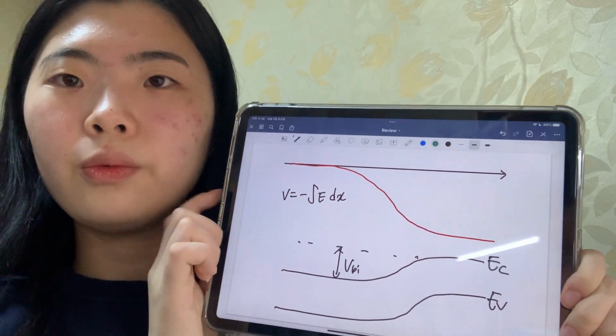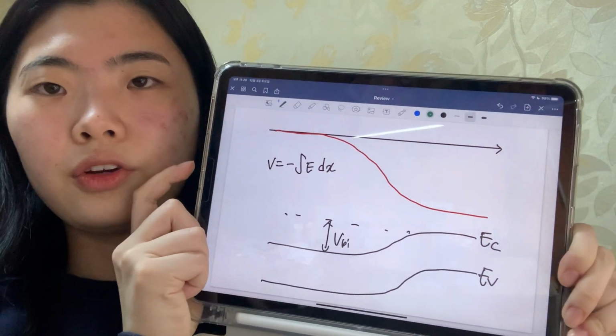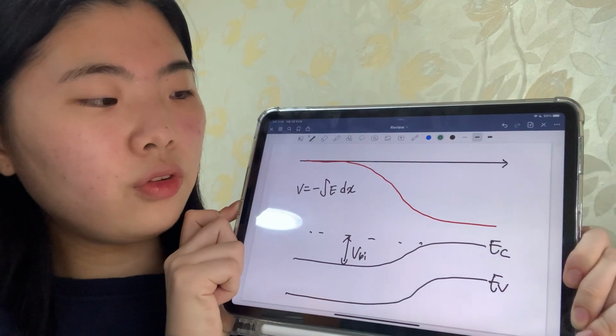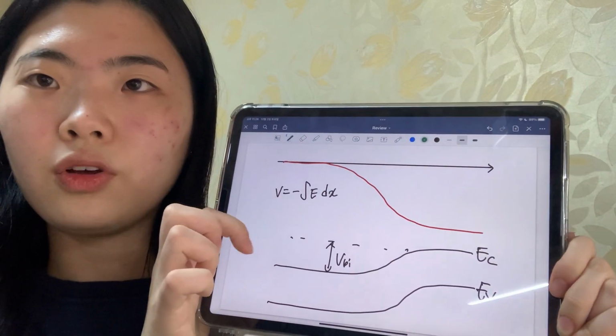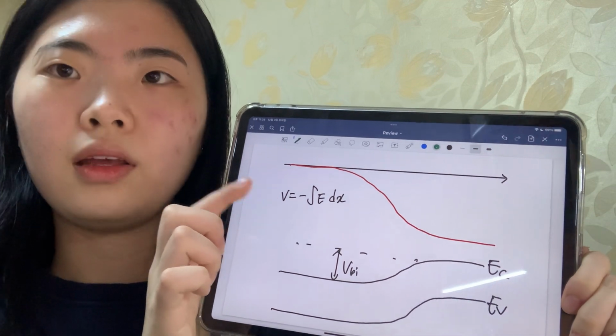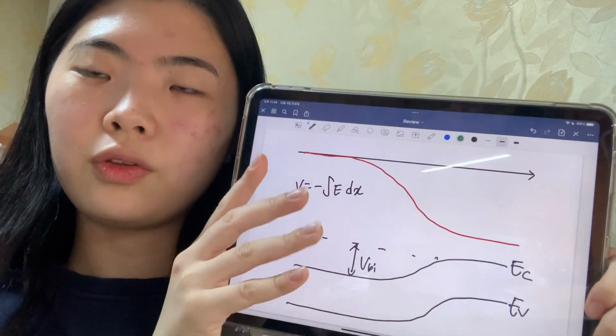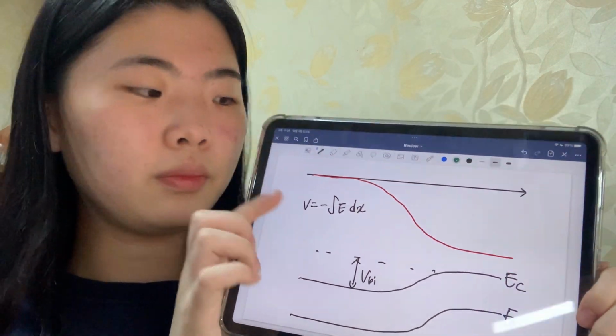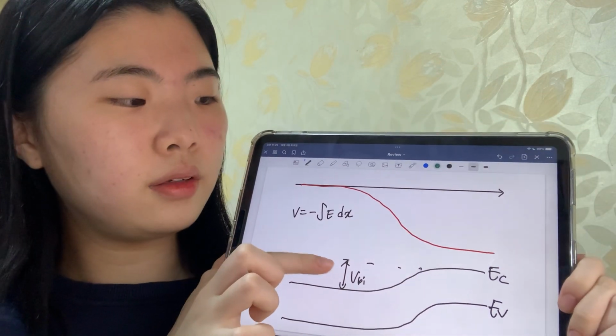It means the built-in potential energy. So we should know this built-in potential energy exists in a semiconductor which is doped differently on the left and right sides.